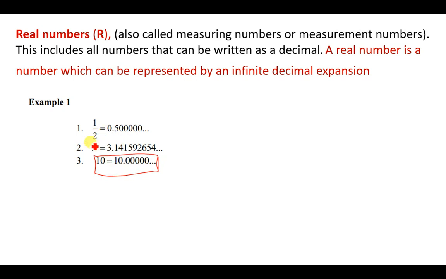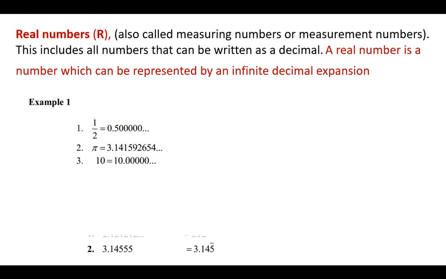This one is also a rational number because it can be expressed in the form a over b, which is 1 over 2. Even this one, 10, can also be written as 10 over 1. It's a fraction, so that is a rational number. Then pi is an irrational number, but it's also part of the set of real numbers, because we said real numbers are simply a combination of rational numbers and irrational numbers.